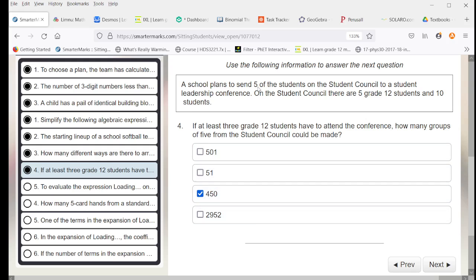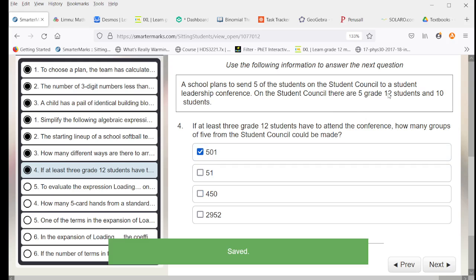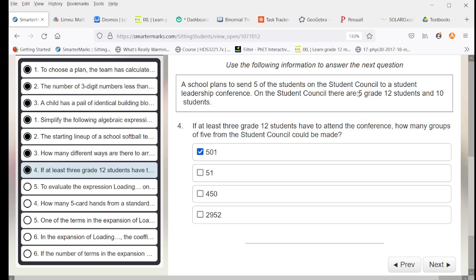So there's 450 ways to send exactly 3 students. If we send 4 of them, that's 5C4, there's 5 options there. And there's 1 way to do the 10. So that's 50. And then there is 1 more way to send all of the grade 12s. So we should have the word other in that spot.